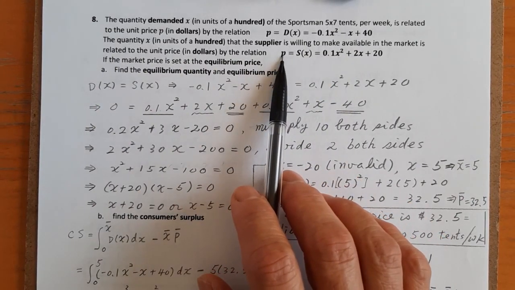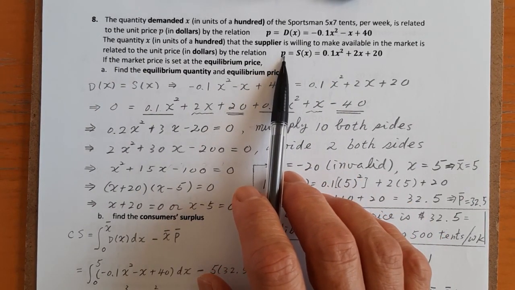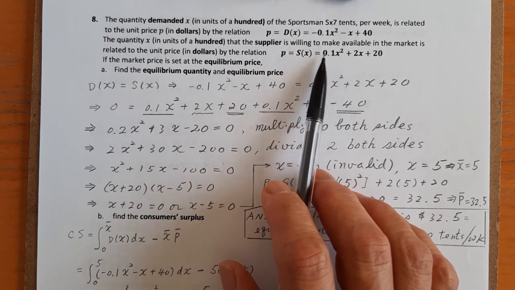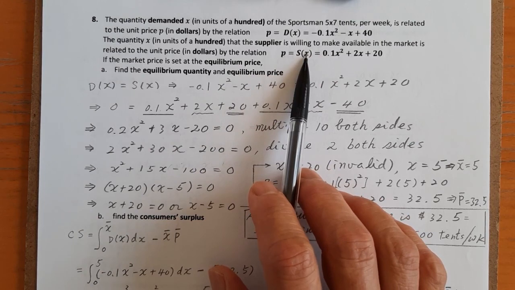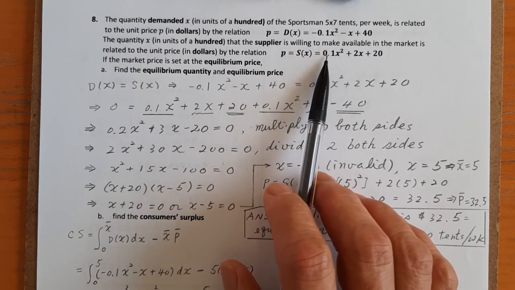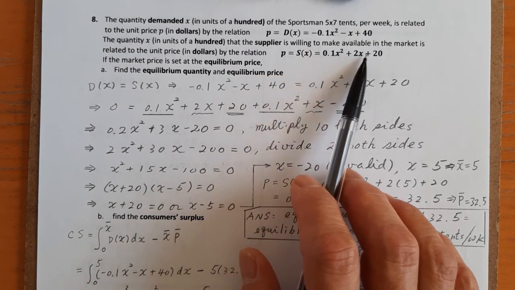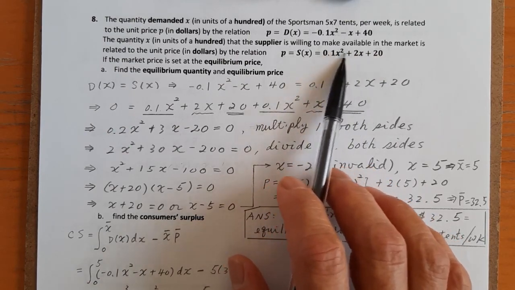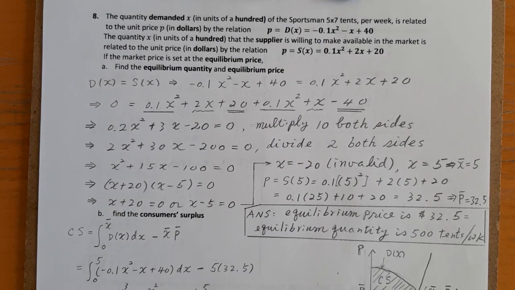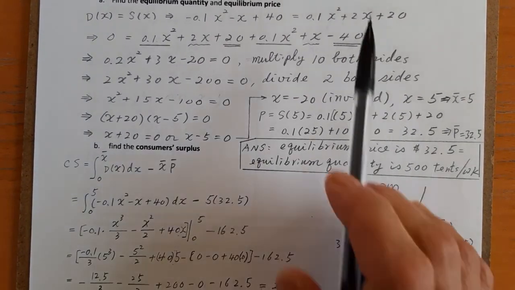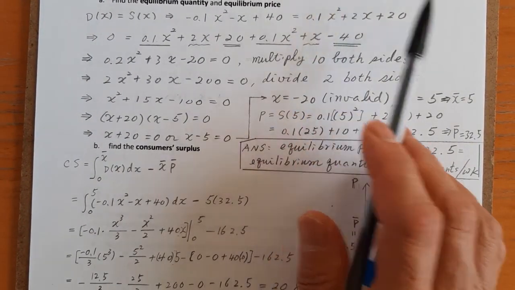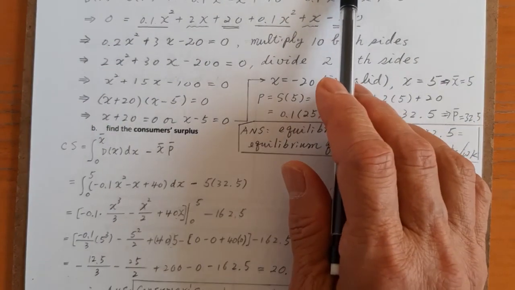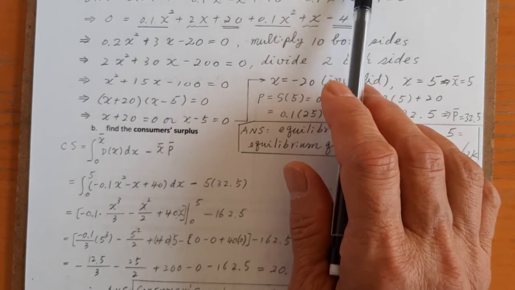This is supply, an increasing function. When x goes larger and larger, 20 plus those positive terms gets larger, so it's increasing. When x equals 0, it starts at 20.